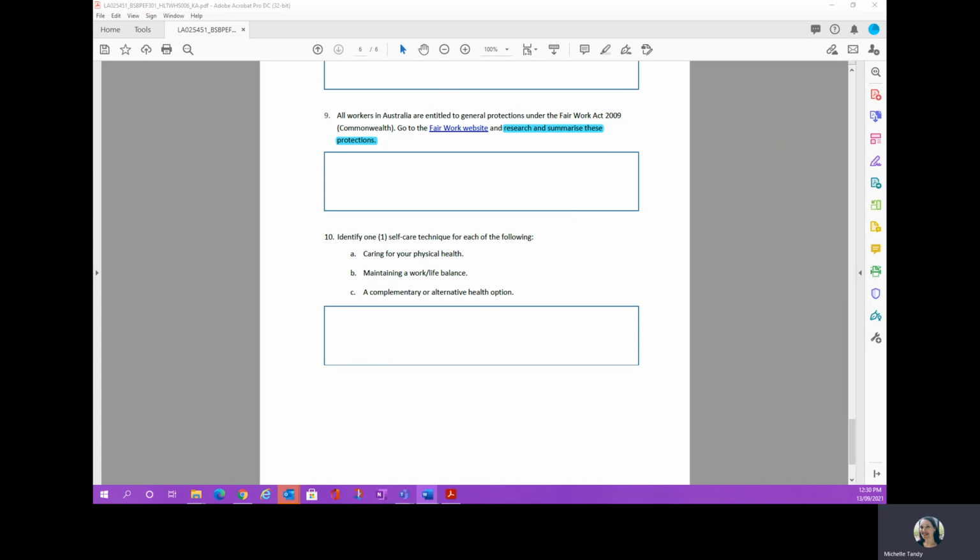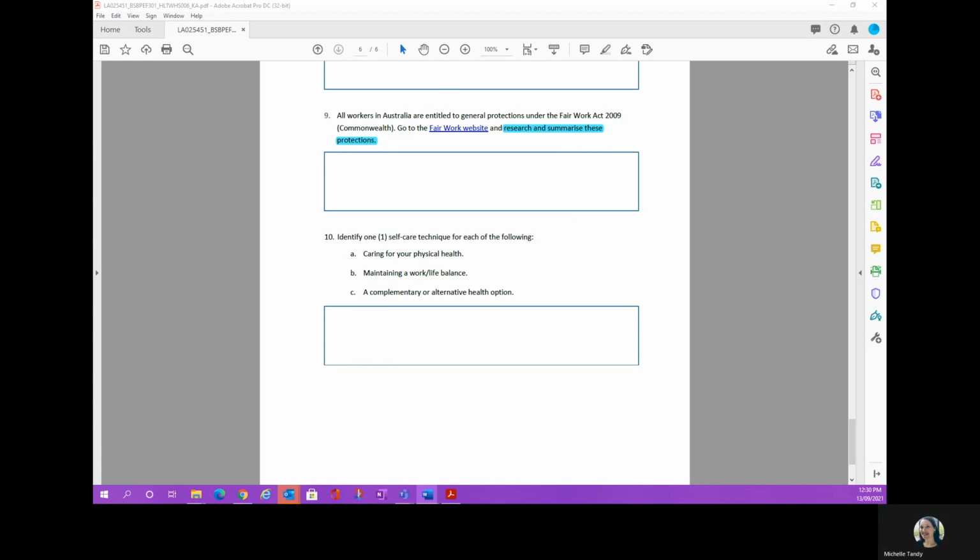How are you doing that? B, how are you maintaining a work-life balance? What's the technique that you use to do that? And C, a complementary or alternative health option. What is your example? Making sure it doesn't overlap with A or B.